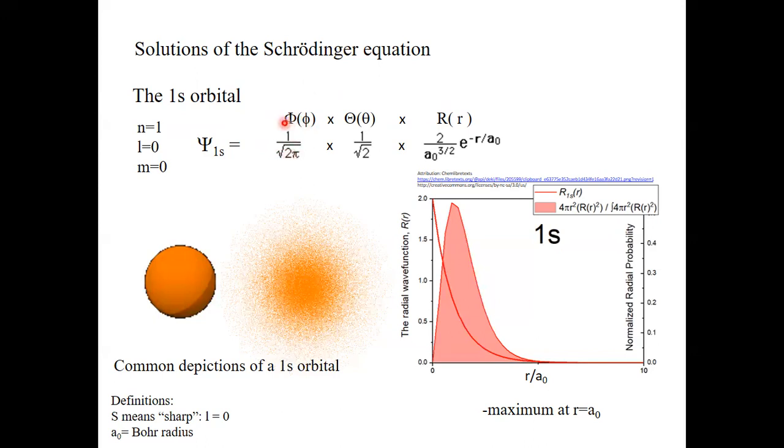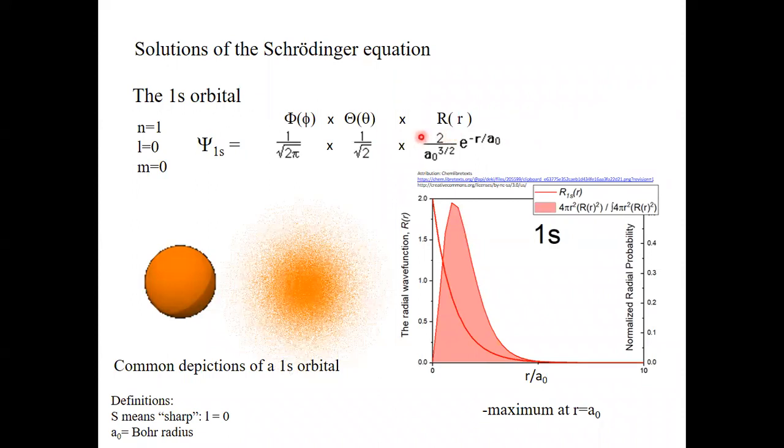For the first one, the azimuthal one, the number is 1 over the square root of 2 pi. And for the other angular wave function, the number is 1 over the square root of 2. So these are just coefficients in front of the radial part of the wave function.